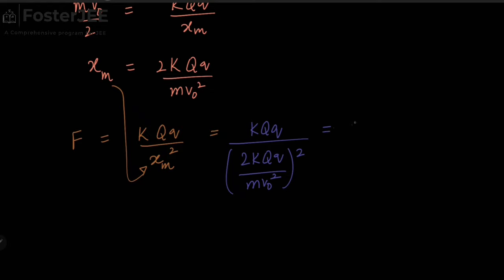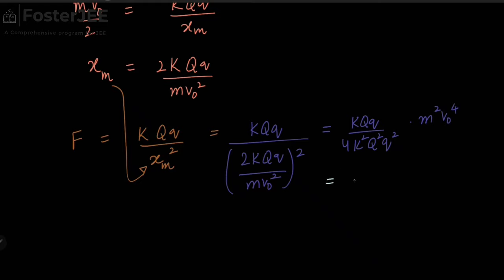This will be equal to kqq upon 4 k square q square q square times m square v naught power 4.